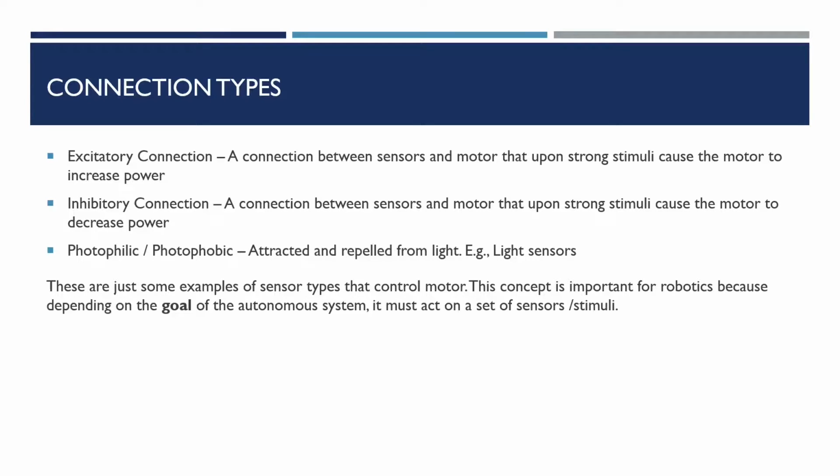You can program them depending on whether you want them to react to light. They can do certain things. These are all examples of it. However, there are a lot more types of connections and sensors. It all depends on the goal of the autonomous system. It must act on the set of sensors and stimuli.